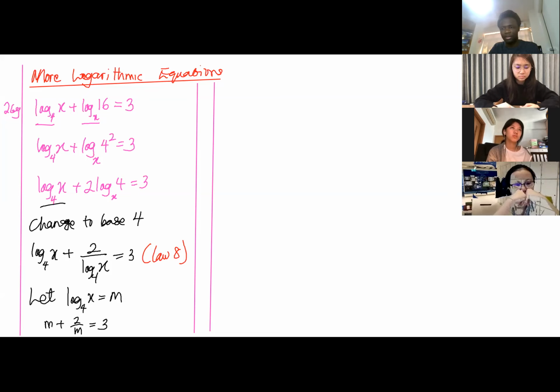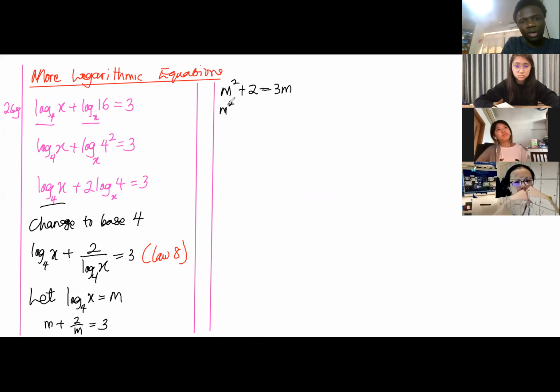Am I making sense? Yes. All right, so now this leads to a quadratic equation. When you multiply through by m, you get m squared plus 2 equals 3m. Understood? This means m squared minus 3m plus 2 equals 0. My m looks horrible.